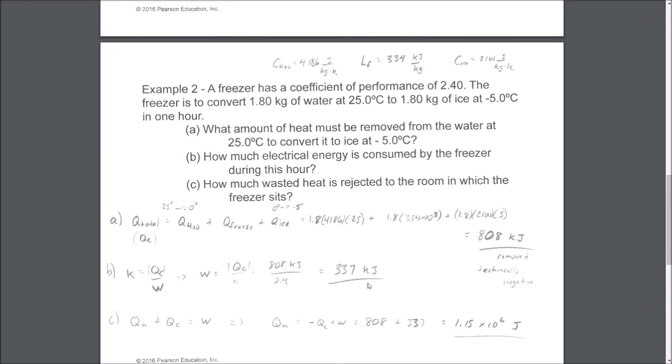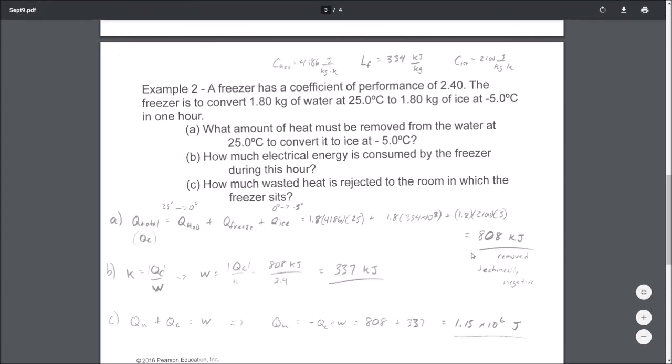So if we're trying to do this transfer, to remove that much based on what our freezer is able to do, our freezer is able to extract this energy out, but it needs 337 kilojoules to do that. How much heat is wasted, that is, rejected to the room in which the freezer sits?